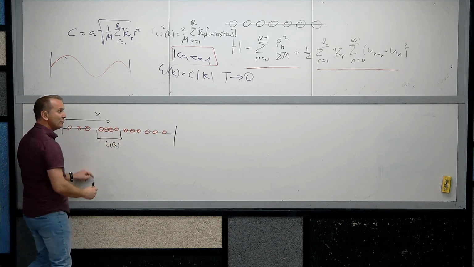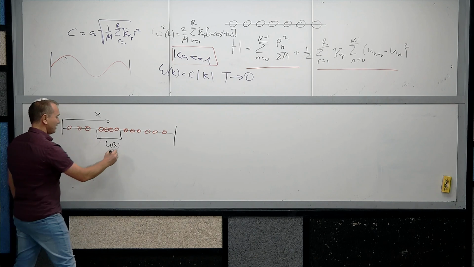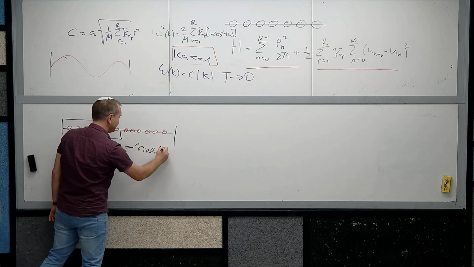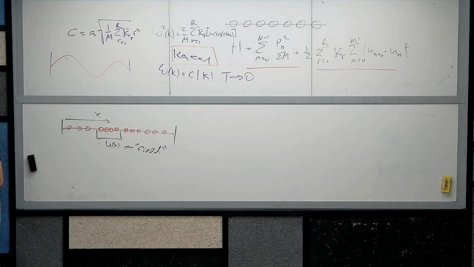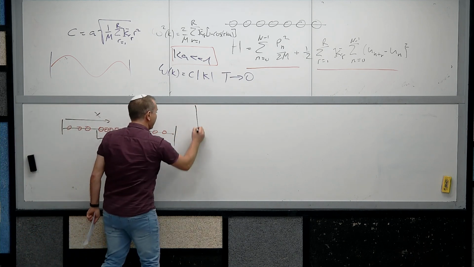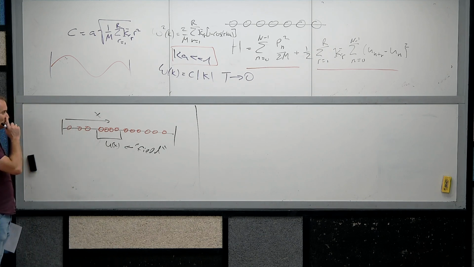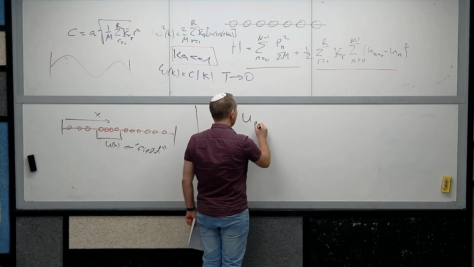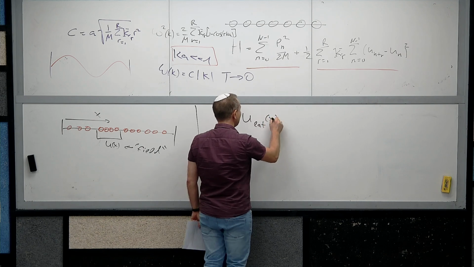And I will call it U of x, and this is my field. More specifically, I perform this operation in the following way. Let's look at U lattice of x.